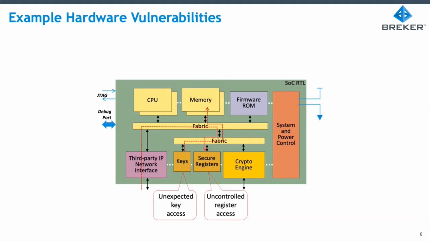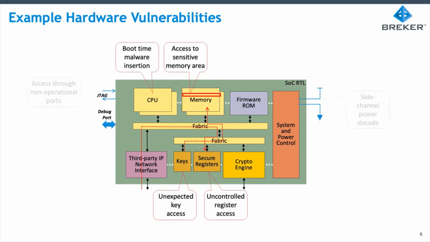The same is true of secure registers in a safety critical device, such as an automotive device, where a hacker can access, say, the brake register and manipulate it, causing safety hazards. Accesses into secure regions in memory can also cause difficulties, as can malware inserted in the boot code of a system, which can affect the entire operation of the hardware.